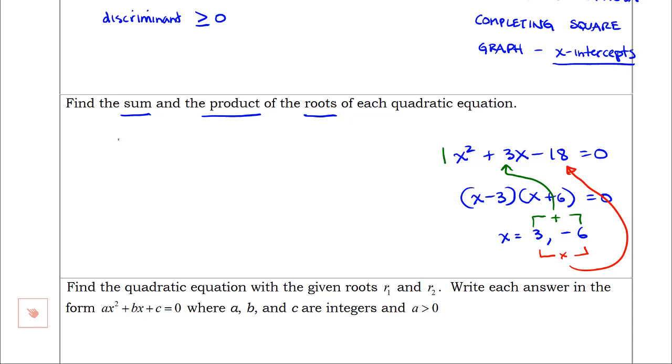So then, if I go back to the original, how do I make the coefficient of the square term 1? Divide by a. So that if I generalize this, if I say the roots are R1 and R2, if I multiply R1 times R2, what should I get?